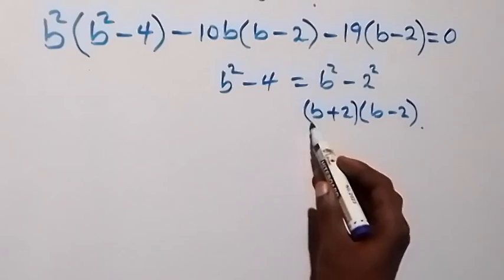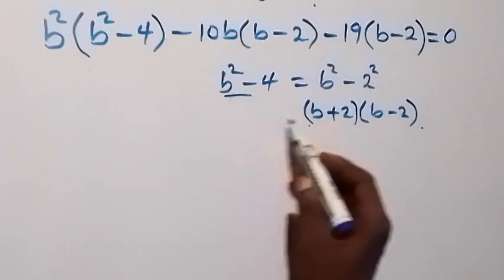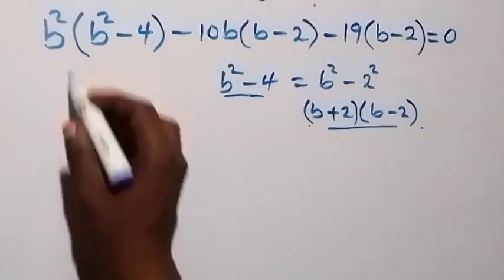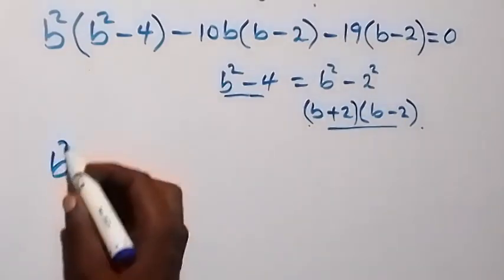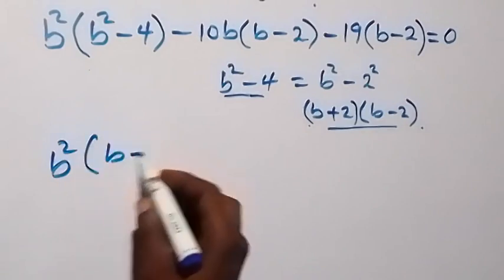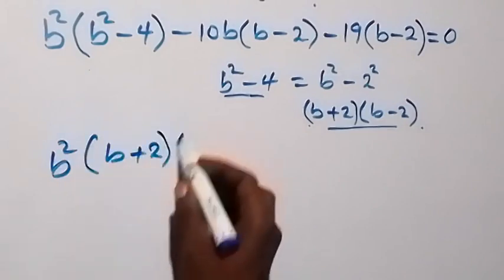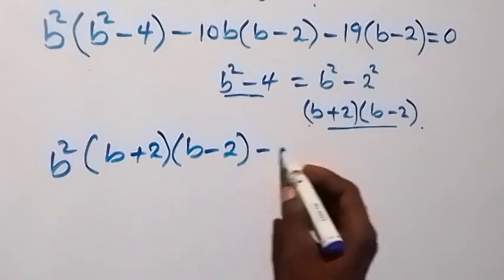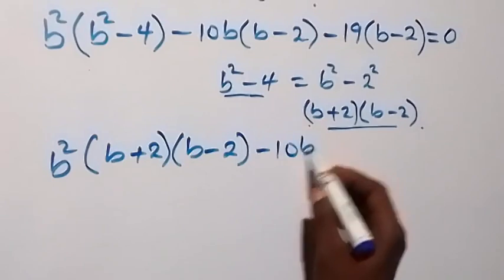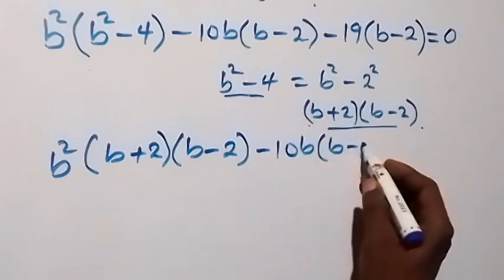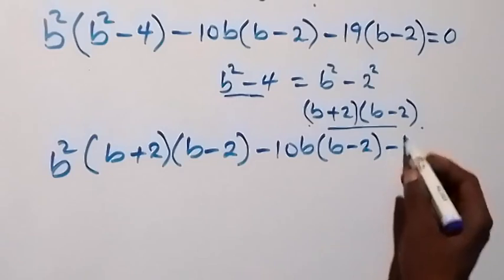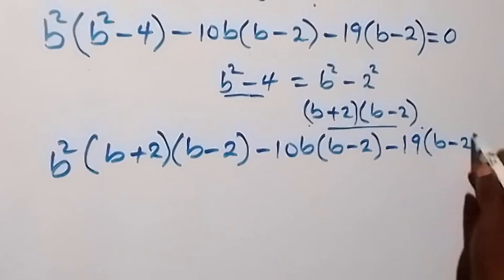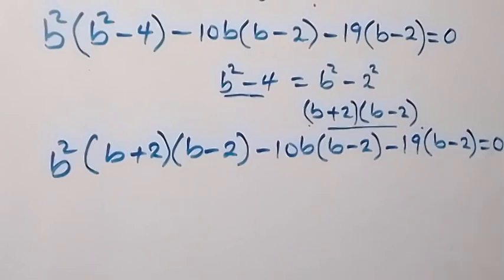Then we replace b square minus 4 with this, so this becomes b square into bracket b plus 2 times b minus 2, close bracket, minus 10b into bracket b minus 2, then minus 19 into bracket b minus 2, equals to 0.